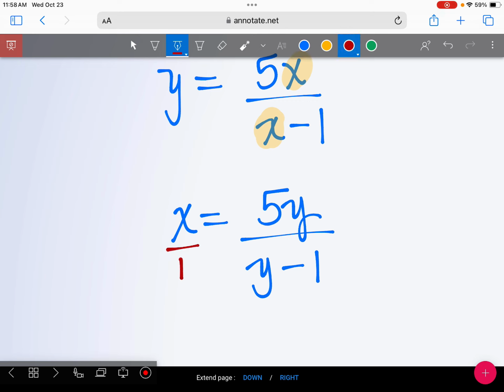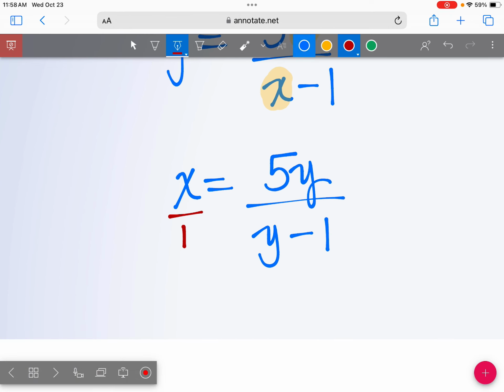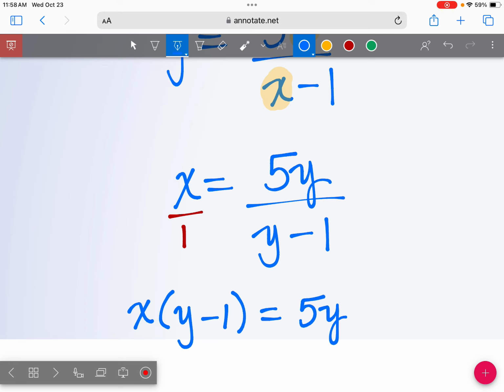Let's go ahead and cross multiply it. So that'll give me x times y minus 1 equals 5y. Go ahead and distribute the x.